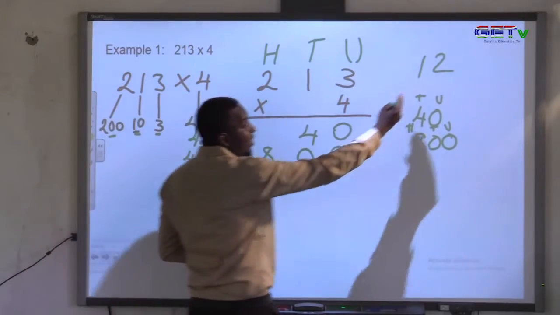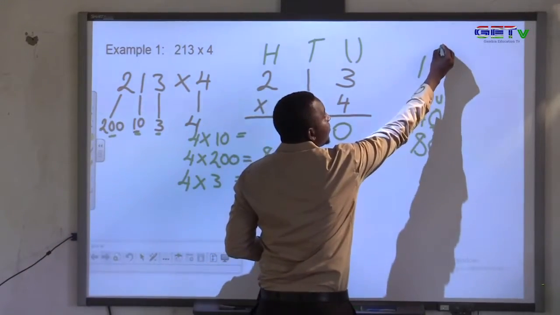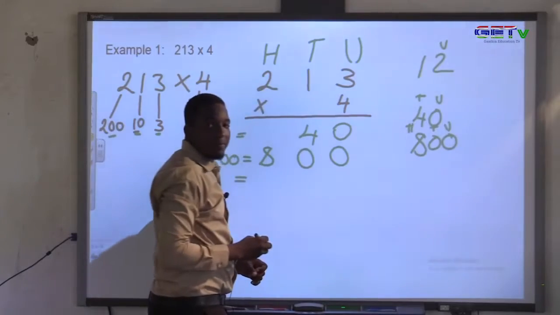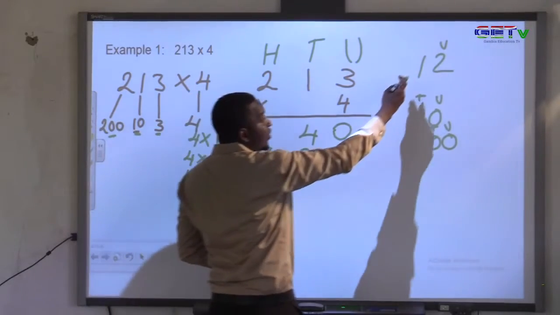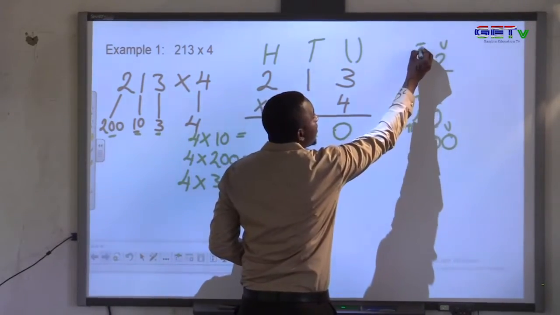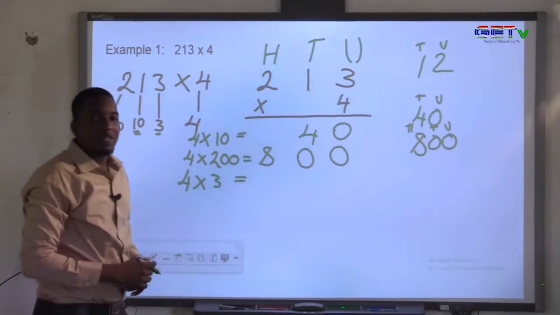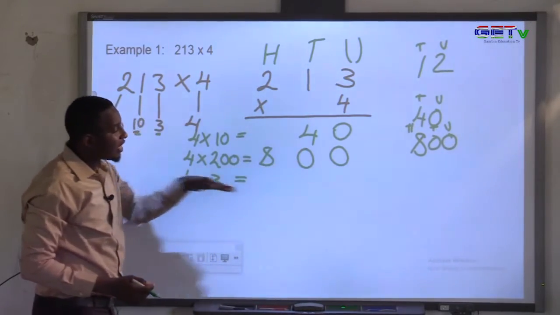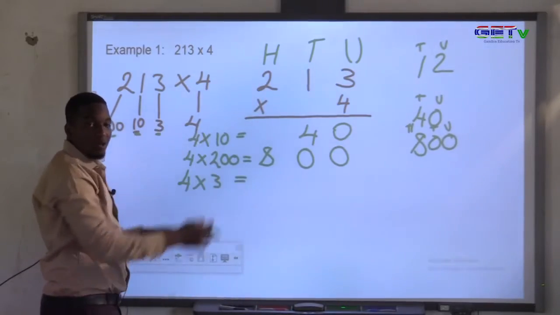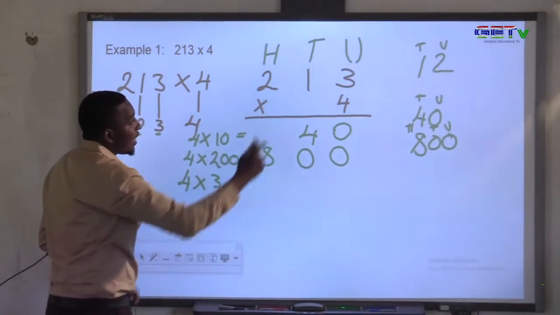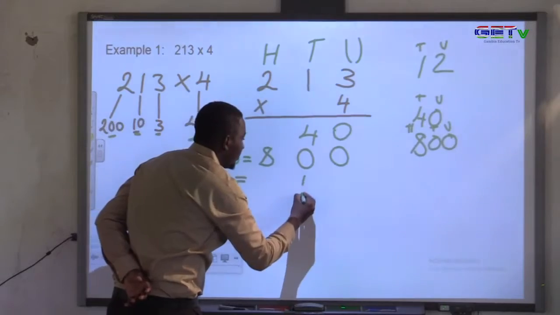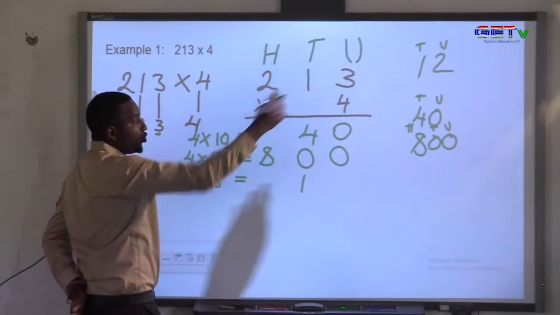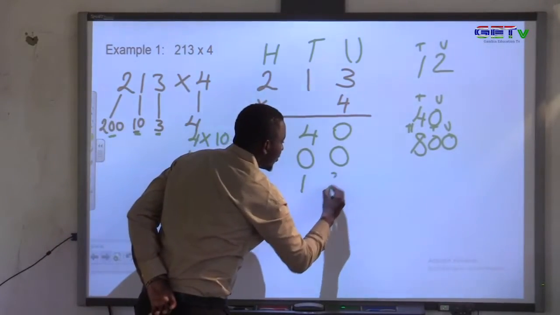The place value of 2 here is units. And the place value of 1 is 10. So we are going to write 1 and 2 in their respective place values in our solution. So we are going to write 1 under the 10th column and 2 under the unit column.